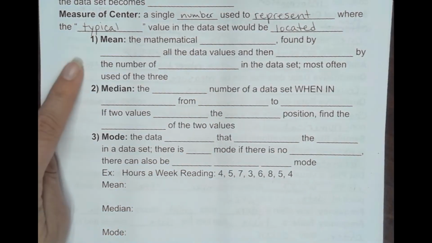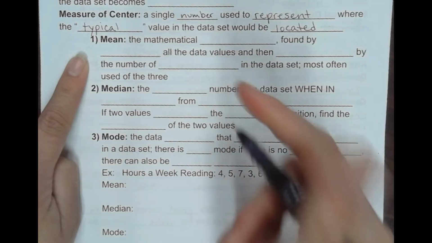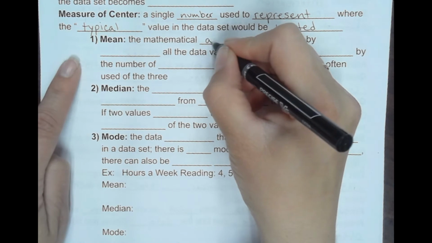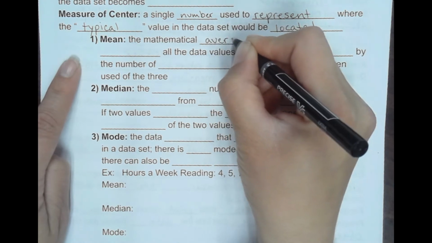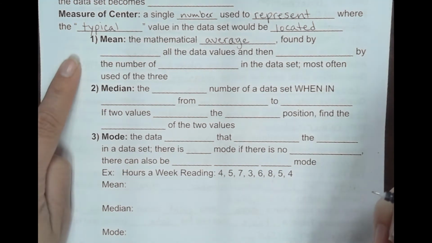Okay, the first one is mean. We talked about this in the last one when we talked about the three little pigs and the big mean wolf. Remember how he took all the berries and then divided it equally? So this is the mathematical average. Every animal got the exact same amount. That's how average works.